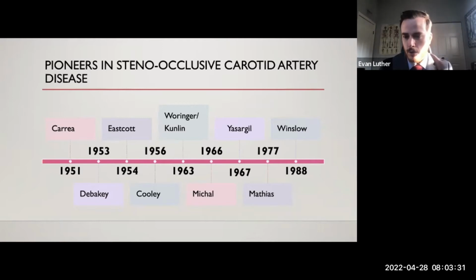So Dr. Winslow looked at a large Medicare database, so he's kind of a man after my own heart, and found that on consensus indications for these patients, only about 35% underwent endarterectomy for appropriate reasons, and that overall there was a 10% risk of perioperative stroke or death in the 1,300 patients he evaluated. So it was this study that Dr. Winslow published that really became the impetus for these future trials in carotid stenosis.